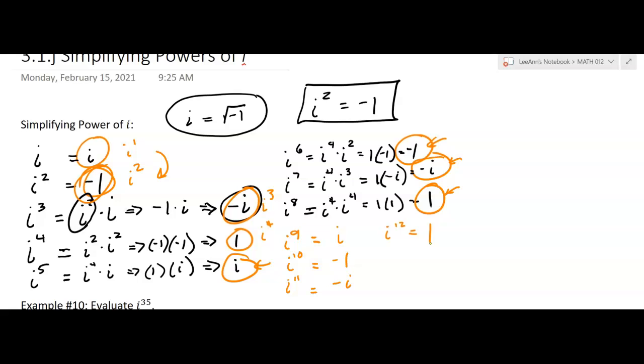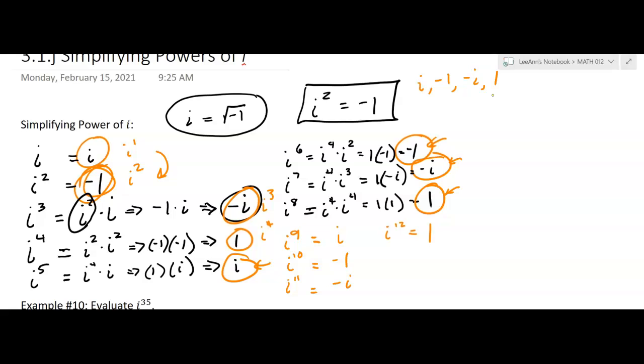Your choices are i, -1, -i, or 1. Those are the 4 choices. You're never going to have i to the 7th or i to the 100th power. It can always be simplified to one of those 4 choices.